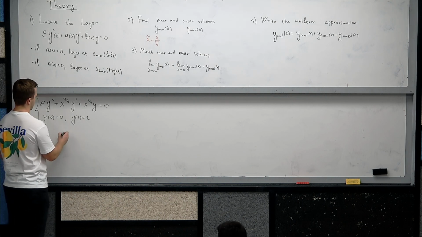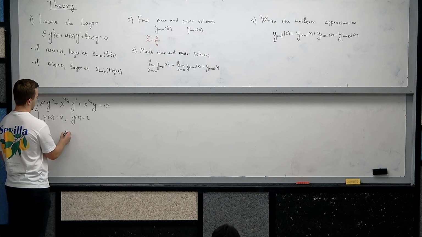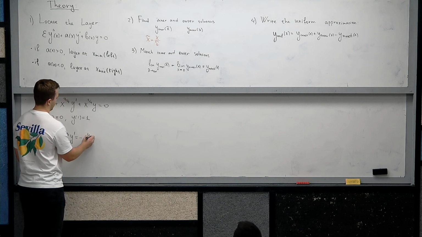For outer, we have x to the 3/4 y prime minus x to the 1/4 y.